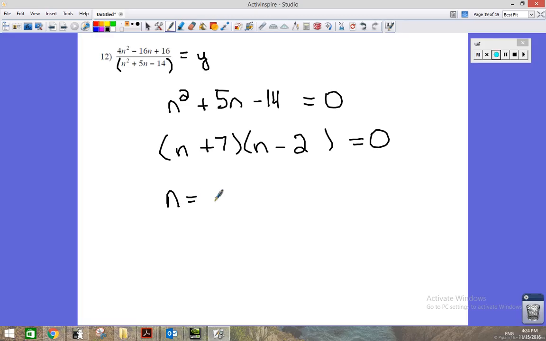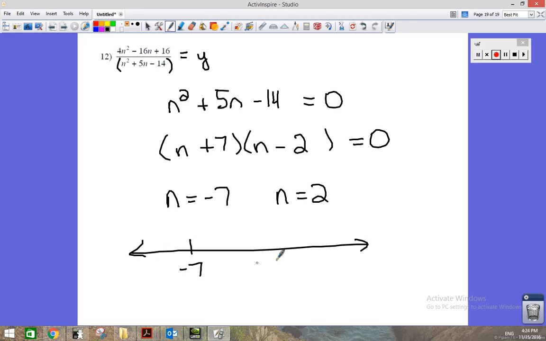This gives me negative 7 plus positive 7 is 0. And positive 2 minus a positive 2, that's 0. So we need to throw out negative 7. We need to throw out positive 2.